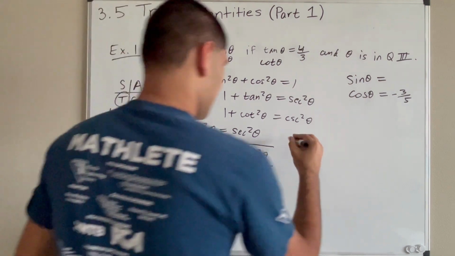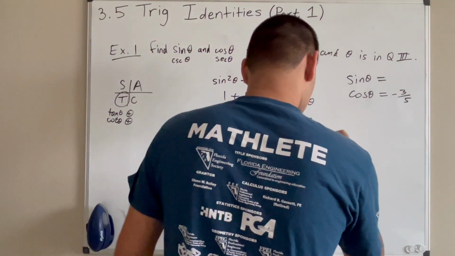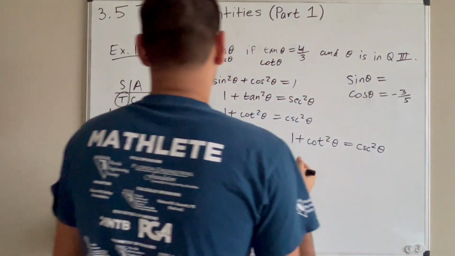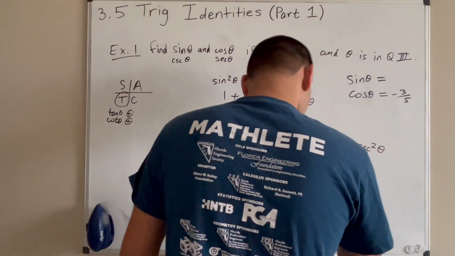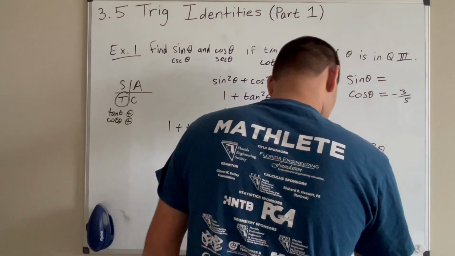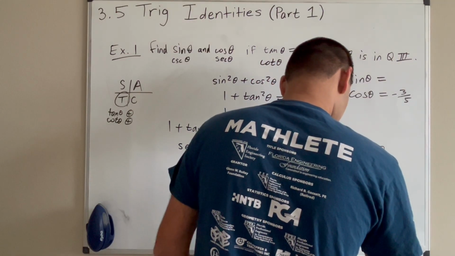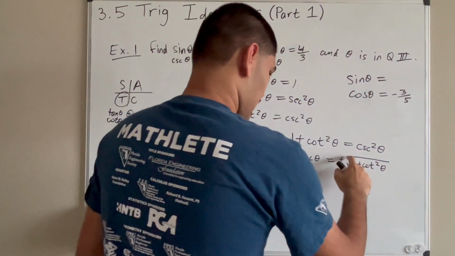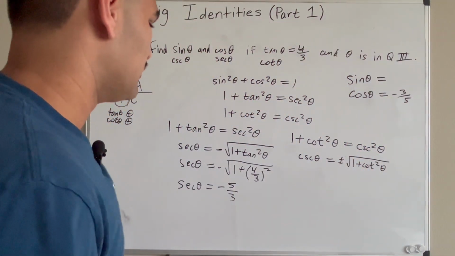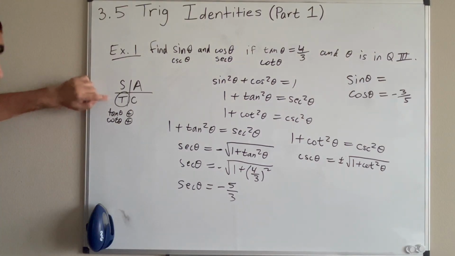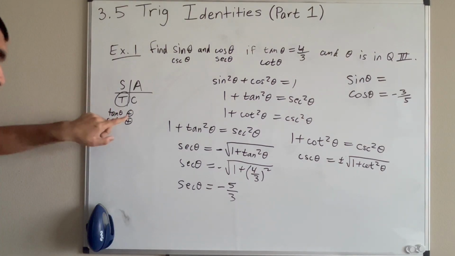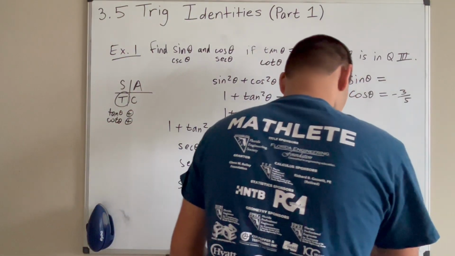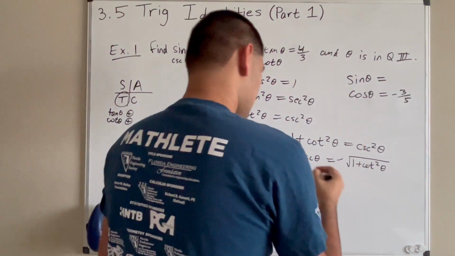So I'll do that right here. We have 1 plus cotangent squared theta equals cosecant squared theta. Solving for cosecant, we get plus or minus the square root of 1 plus cotangent squared. And again, determine the sign. We're in quadrant 3, so only tangent and cotangent are positive, meaning that cosecant is negative. Then substitute in.